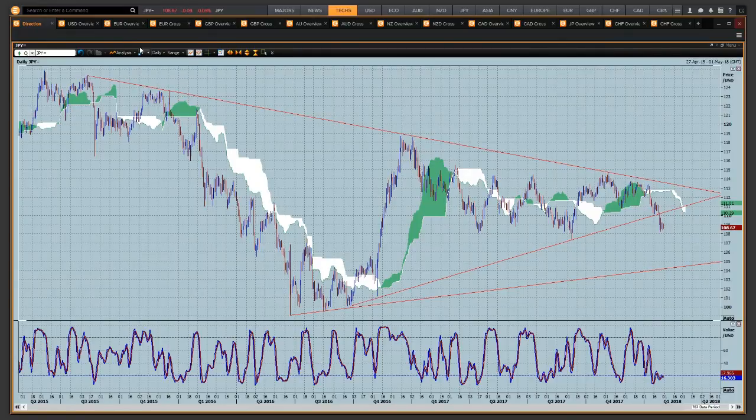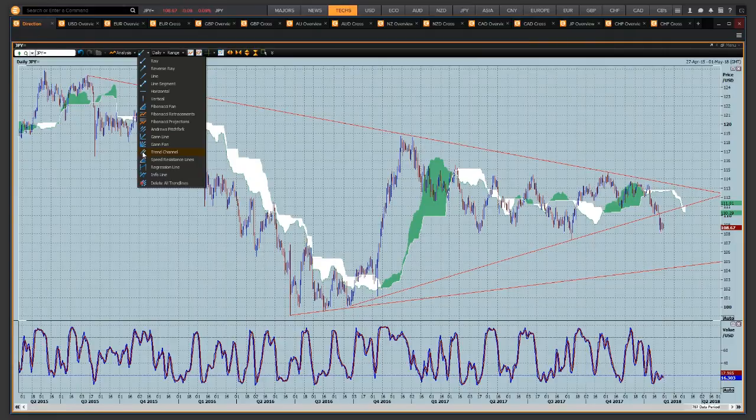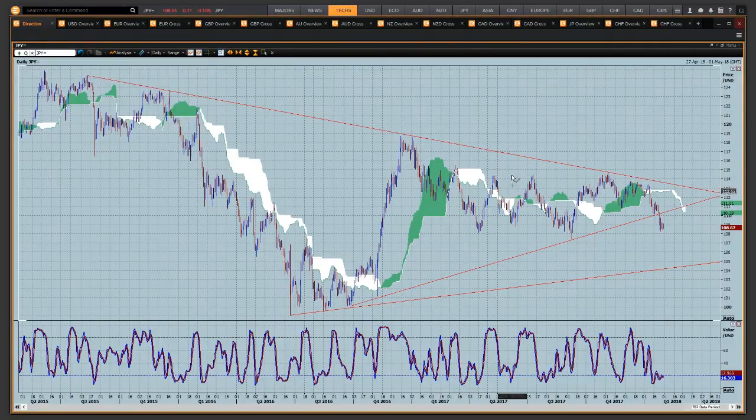Okay, now this is an odd one, right? So dollar yen, to me, I've drawn this a couple of times, but you can almost have a couple, right? So it's almost in a bit of a sideways move, sort of slight downtrend. Looking at that, the move down here from 113 to sort of 108.68, that's just sort of like a month.